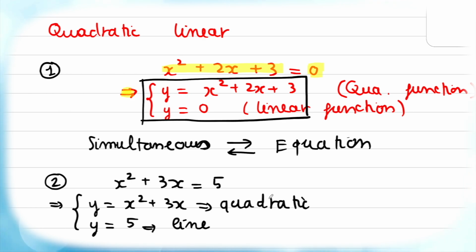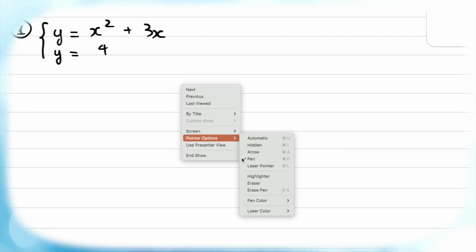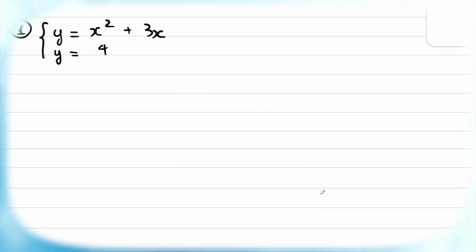For the simultaneous equation between quadratic and linear, here is example 1: y equal to x squared plus 3x, and y equal to 4. So how can you solve this equation?